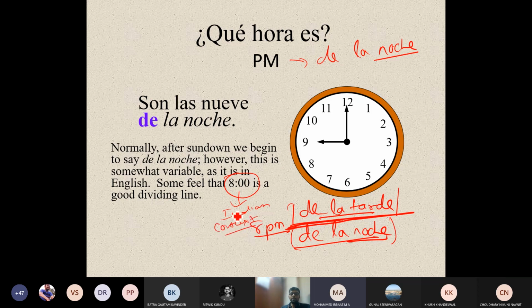But you cannot apply the same context when you are going to Spain. This dividing line which I have given you, 8 p.m., cannot be applied there in Spain. The reason is that now the summer is going to come. During summer in Spain, it gets completely dark only after 10:30.